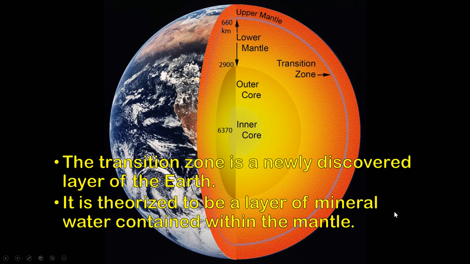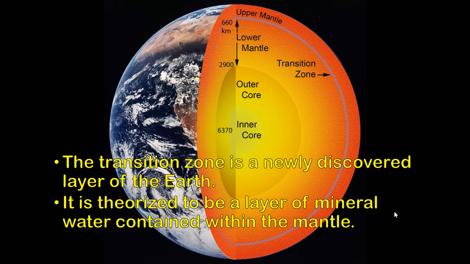And so another thing that I'm just going to touch on, I'm not going to quiz on this, there's something called the transition zone. And the transition zone is a newly discovered layer of the earth. It is said to exist between the upper and lower mantle, and it's theorized to be this mineral water.